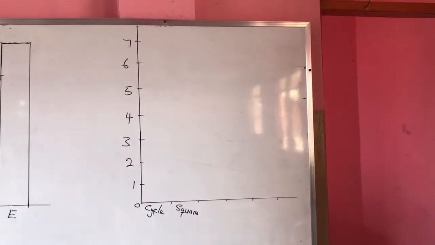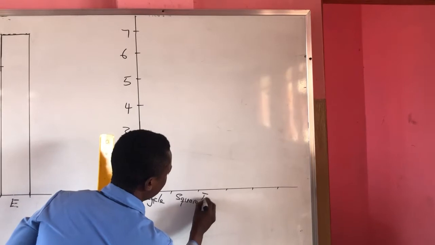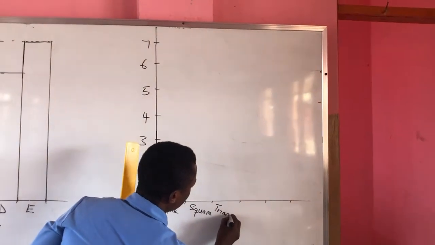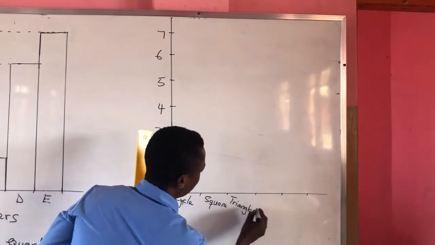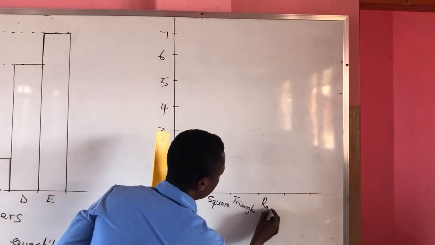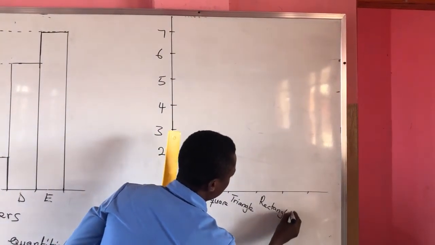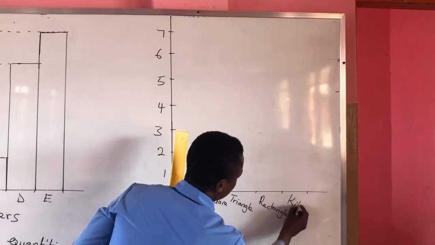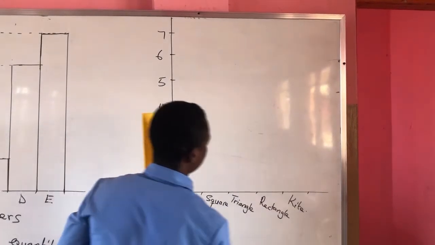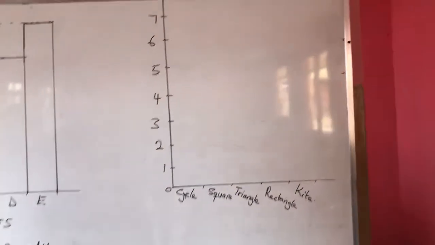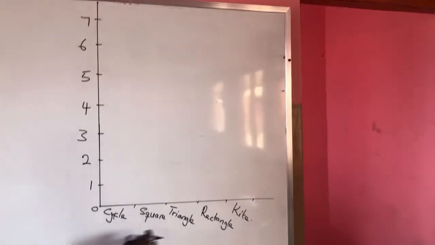Circle, square, triangle. Rectangle. And then the last one is kite. All right. Make sure you write under these shapes.